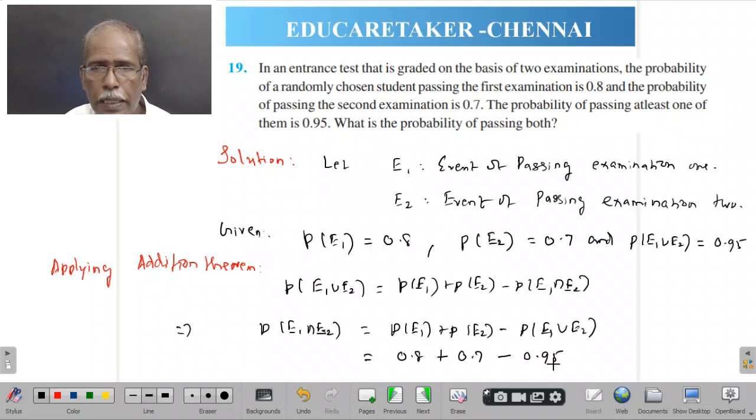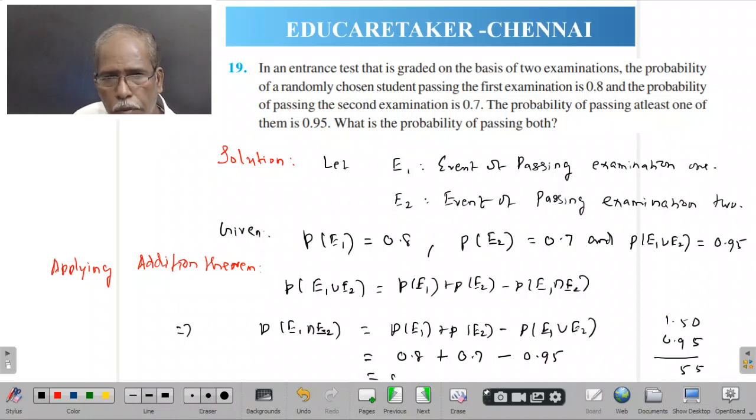So 0.8 plus 0.7, that is 1.5, and we have to subtract now 0.95. If we subtract 0.95, it is 0.55. So this is the required answer.